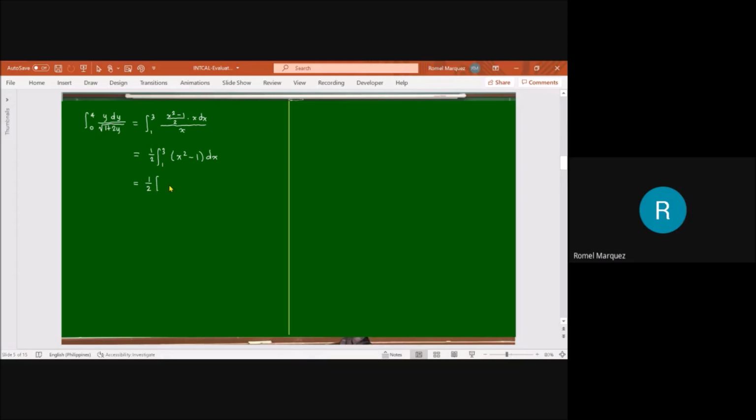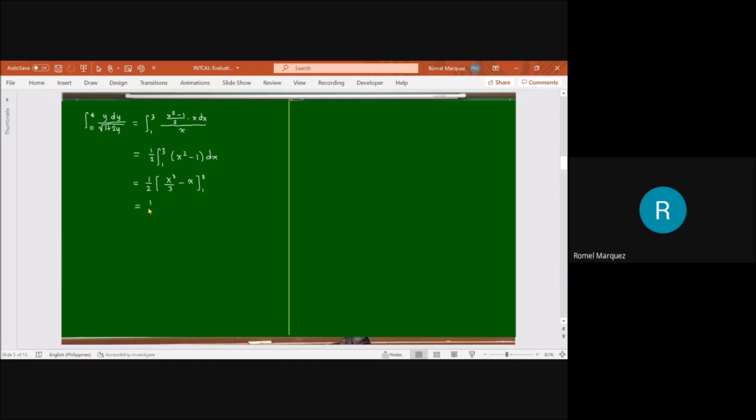So we have x cubed over 3 minus x evaluated from 1 to 3. Again, because I did not go back anymore to y, I am going to use the new limits corresponding to 0 and 4. For y, for x now we have 1 to 3 respectively, no?